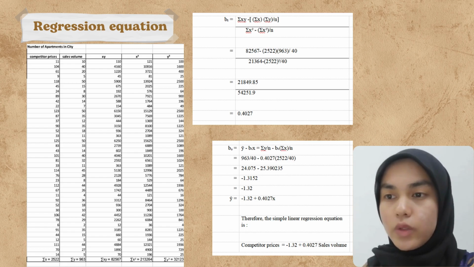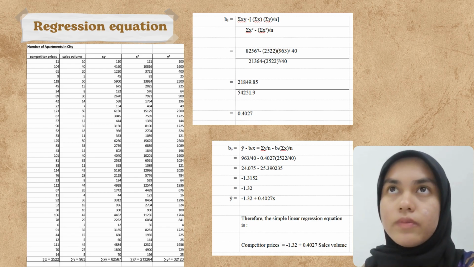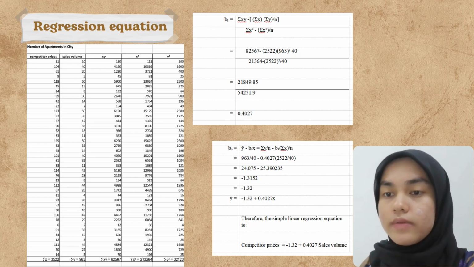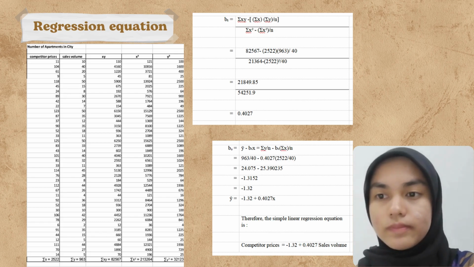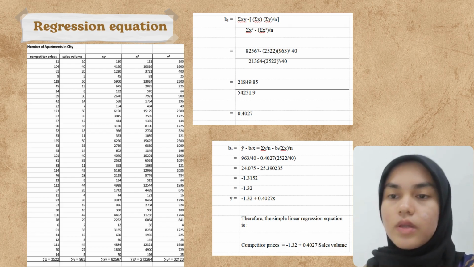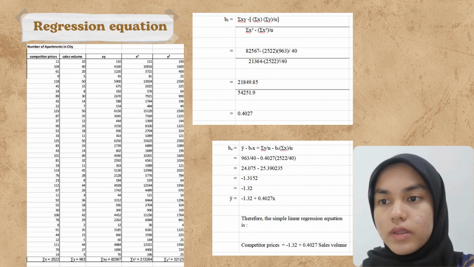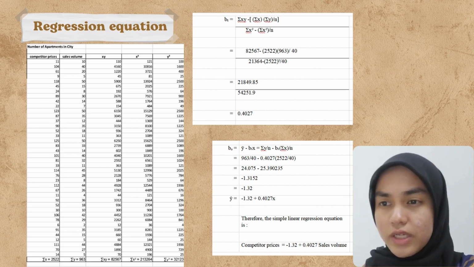So the value we got is 963 over 40 minus 0.4027 multiplied with the value of 2,522 over 40.